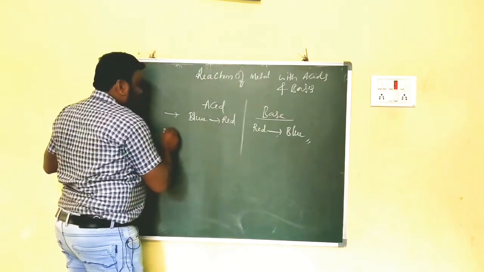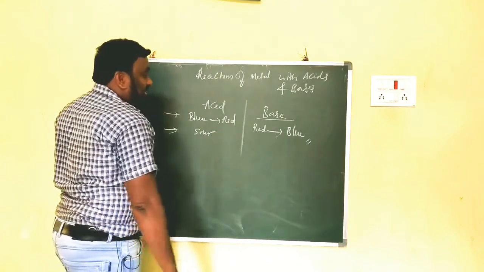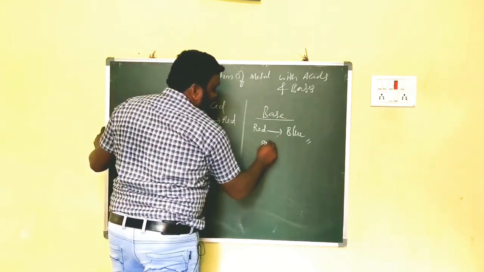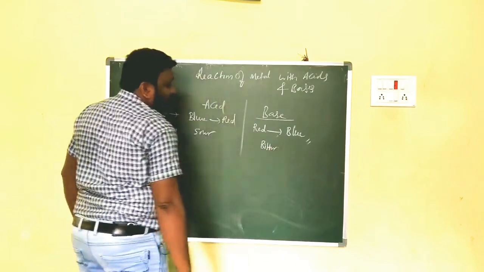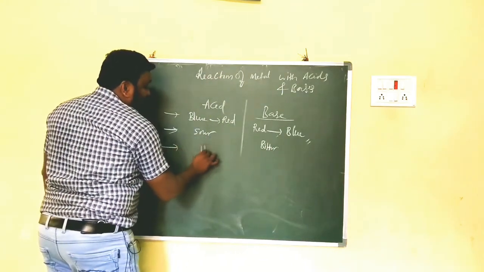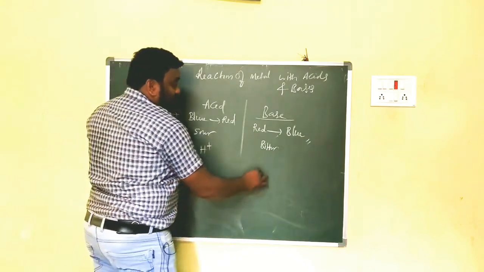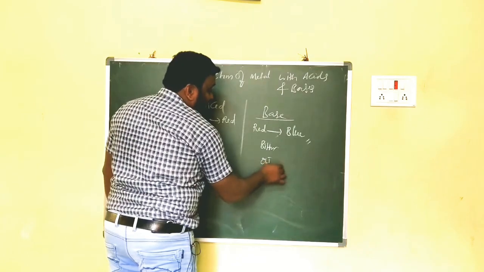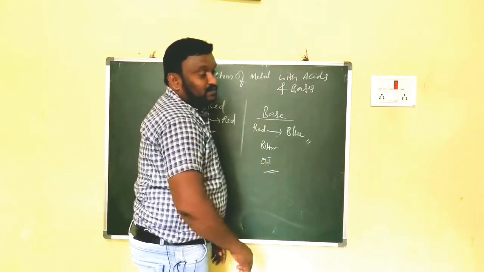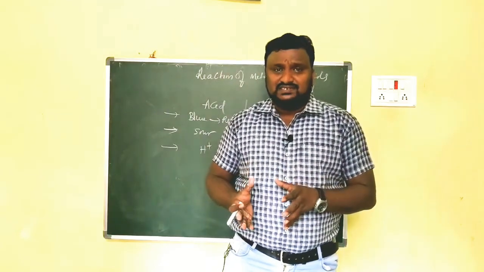And acid tastes sour and base tastes bitter. Acid consists of H plus ions, and base has OH minus ions. So this is the very simple difference between acid and base.